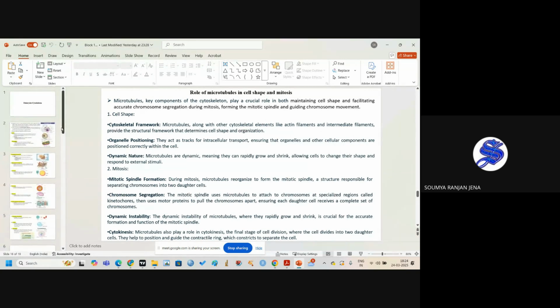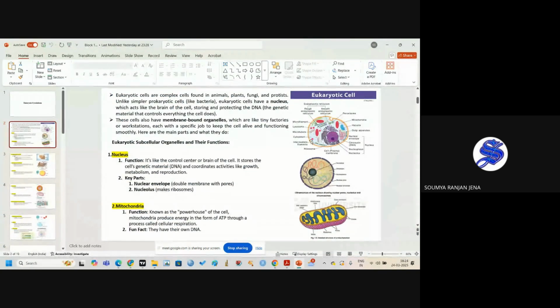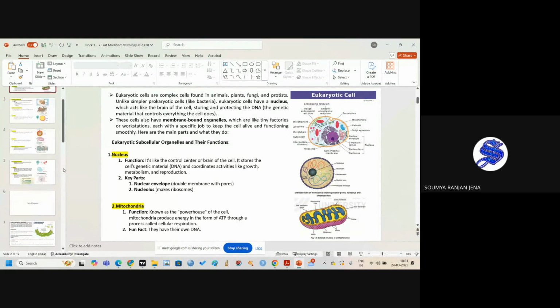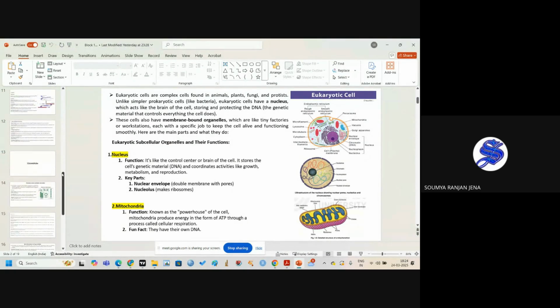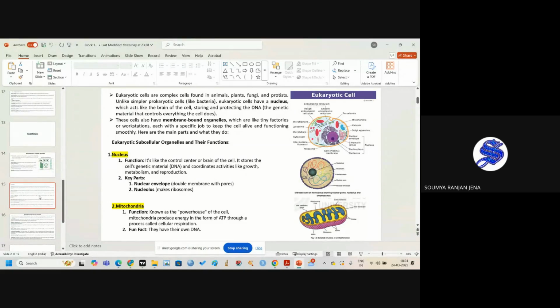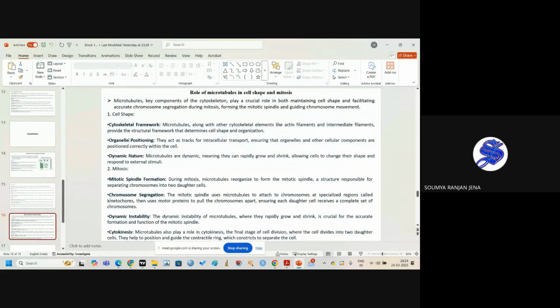If you go to the structure of this cell, these microtubules are helping proper organization of the nucleus, endoplasmic reticulum, Golgi body, vacuoles, mitochondria, peroxisome, all are properly organized by the help of this cytoskeletal protein, that is microtubules and microfilaments.